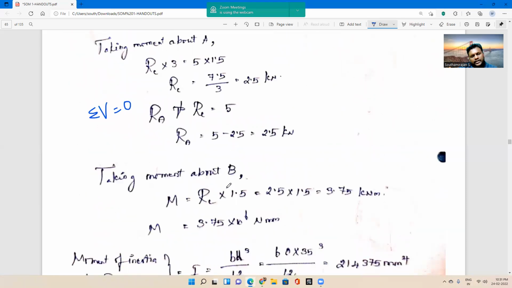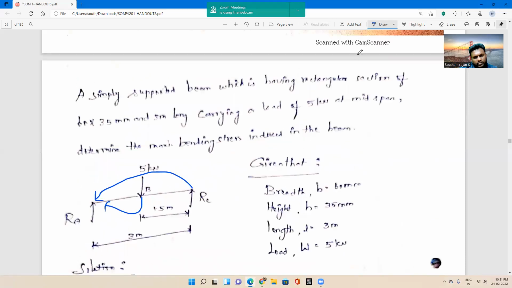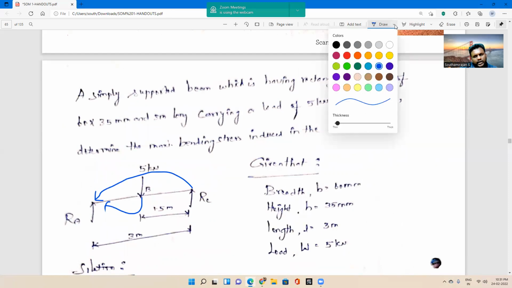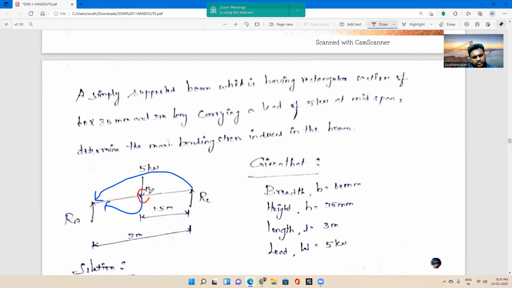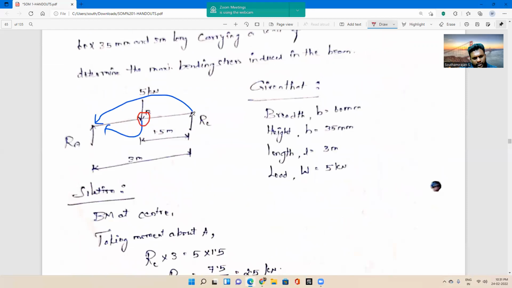Next we take moment about point B, because point B will have the maximum bending moment. So the maximum bending moment will be calculated at point B. We transform the reaction to point B, so RC into 1.5.